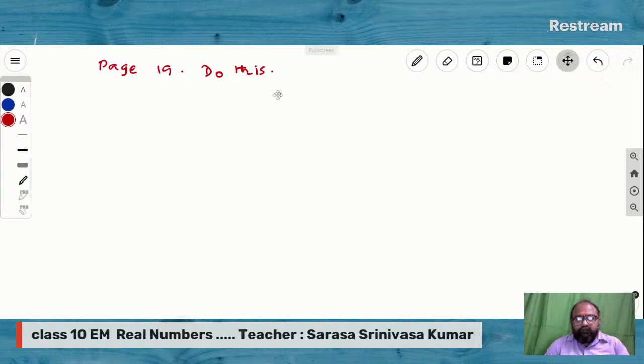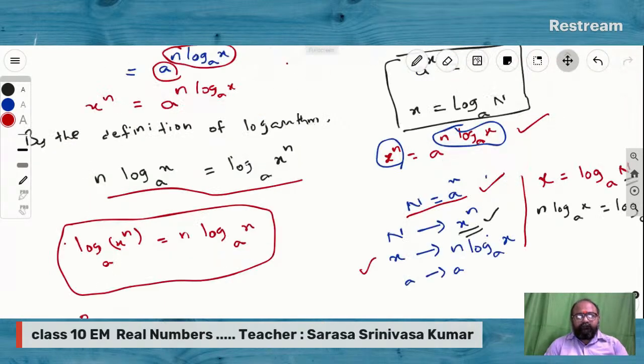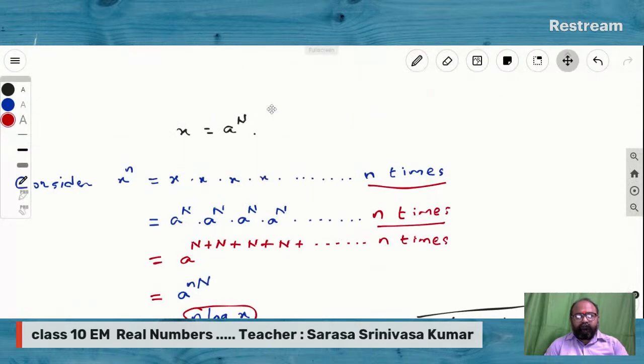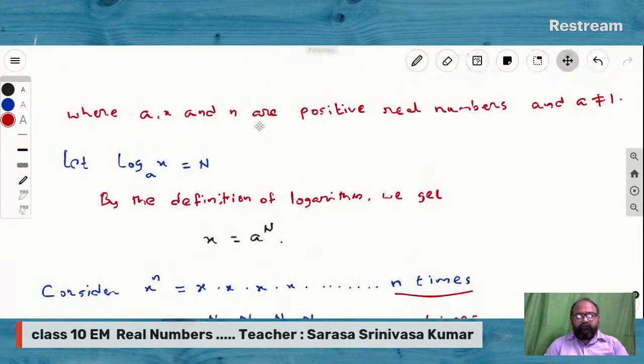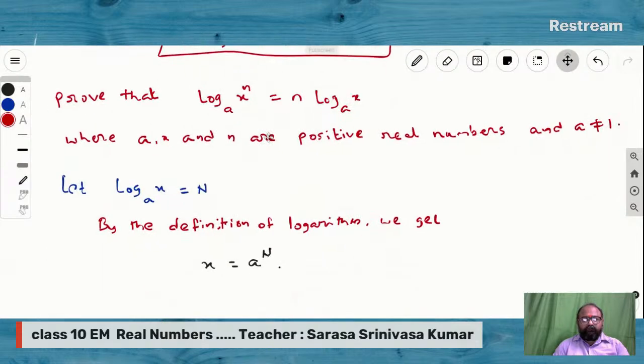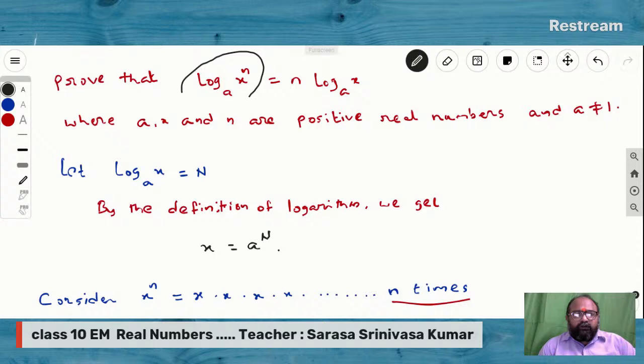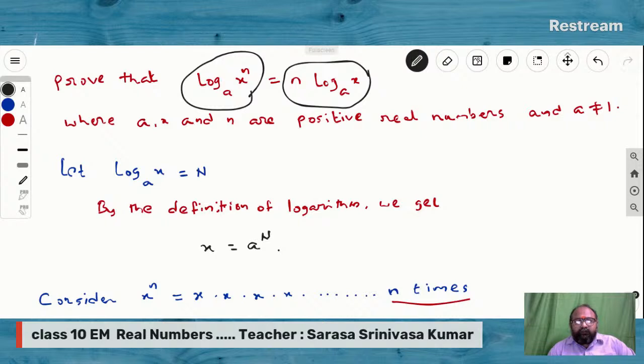Okay, let me explain the result briefly. Prove that log x power n to the base a equal to n log x to the base a.